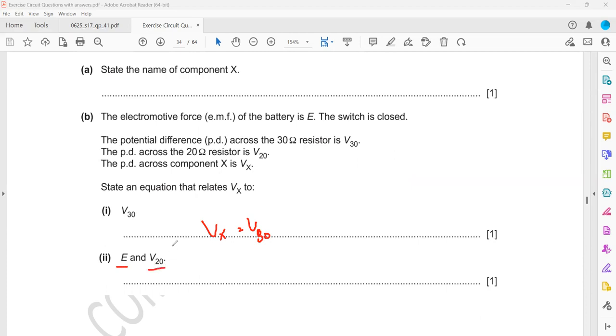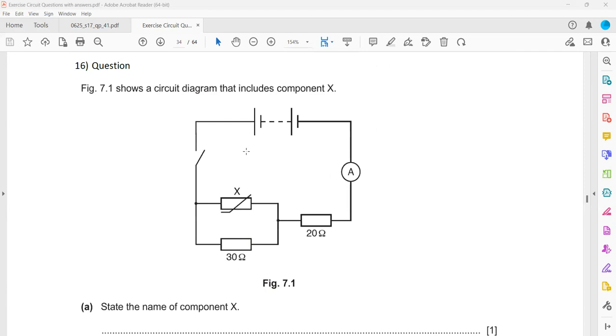And the relation between E and V20, how are E and V20 related? If the total EMF is E and some voltage drops across this component, the remaining voltage will be across the other component. Like if I say the total voltage is 10 and out of 10, maybe 3 volts here, what happens? The remaining voltage will be across this parallel combination, which is 7.